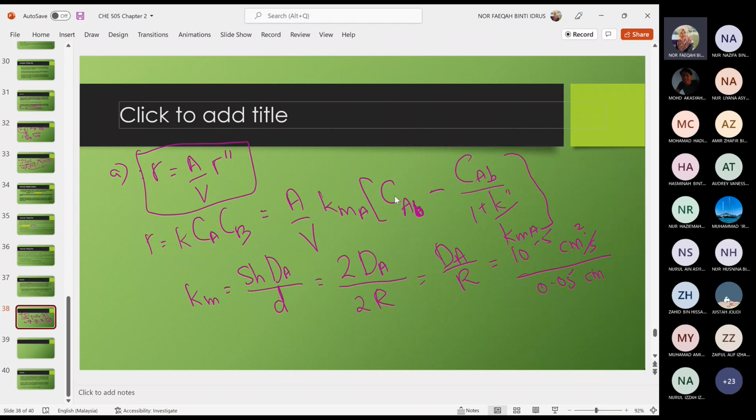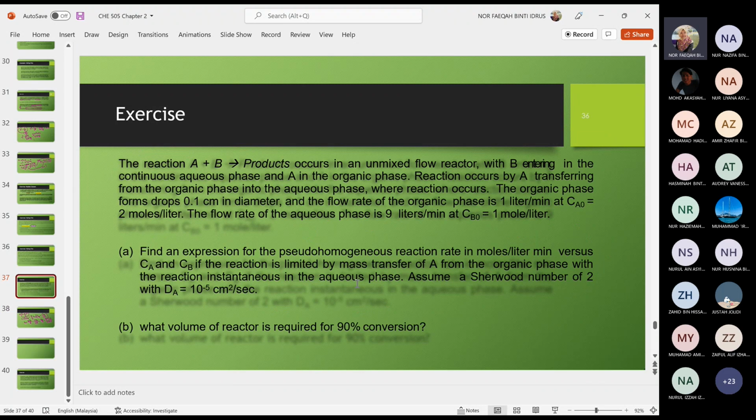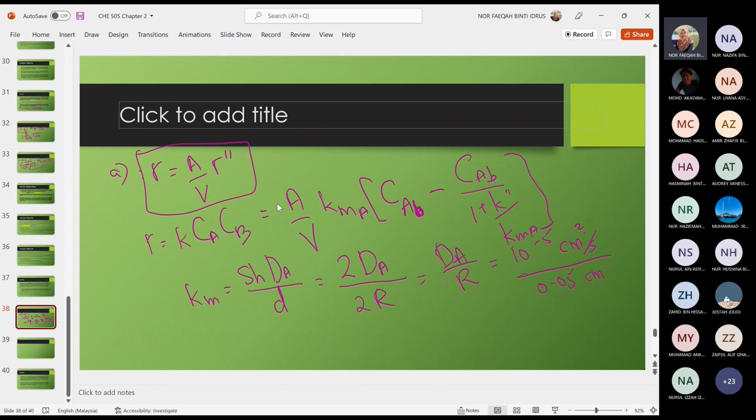Okay, KMA ganti masuk balik. And then this term yang belakang ni can be negligible. Yang ni kalau mass transfer kita tengok balik sebab yang limiting is limited by mass transfer of A from the organic phase. So in order to calculate the volume, tadi kita buat mass transfer of A because it's limiting by mass transfer of A.